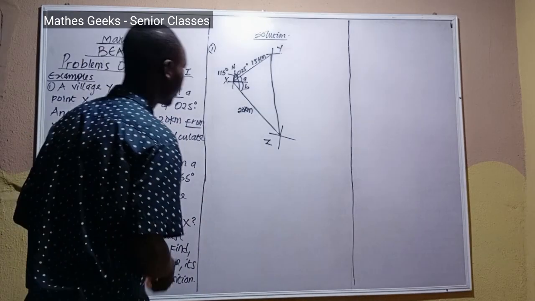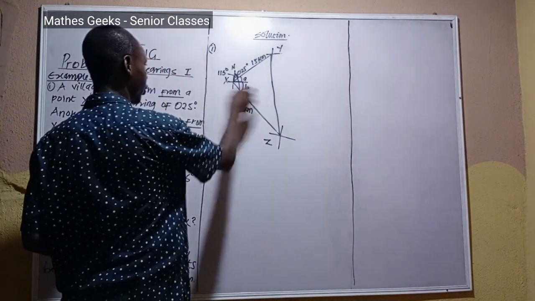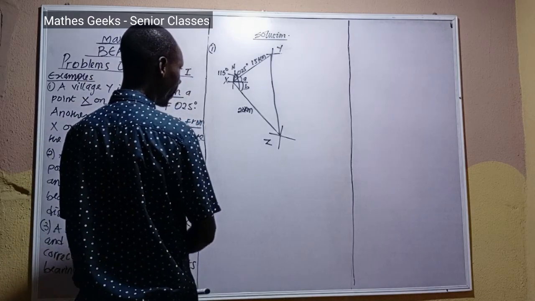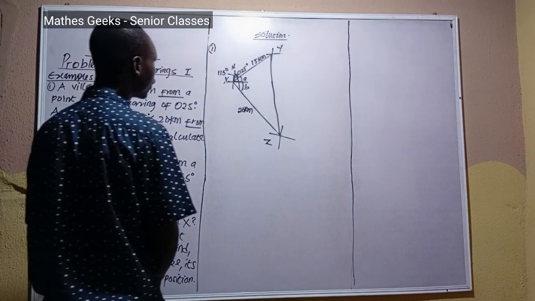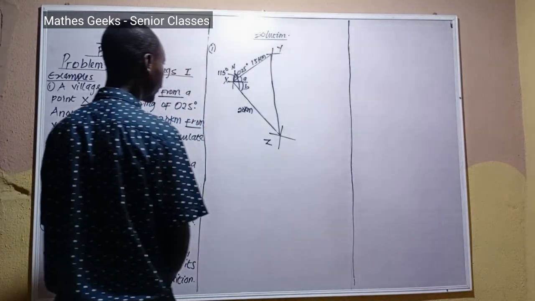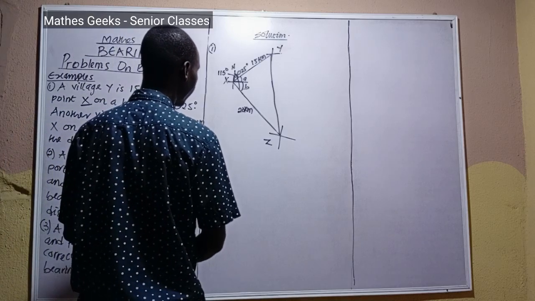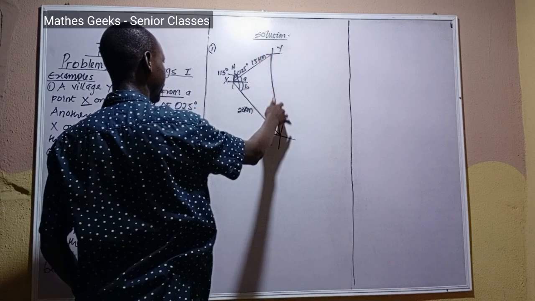So now let's analyze the diagram. We must analyze the diagram and ensure that we fully resolve the triangle. How do we resolve the triangle? We do this by ensuring that we get all the angles that are necessary for us to be able to calculate the distance that is required.